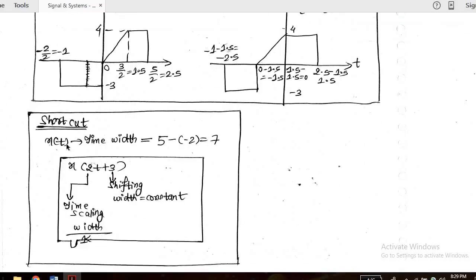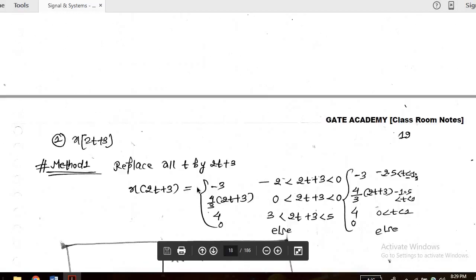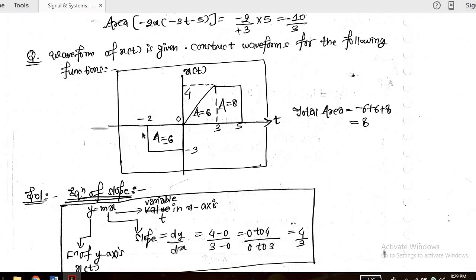Shortcut. For the time width of x of t, take the highest index at which it is non-zero on the rightmost side, and the lowest index at which it is non-zero on the leftmost side.